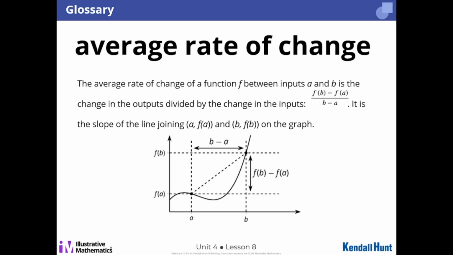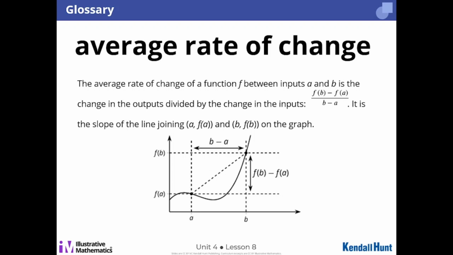Remember, we are talking about the slope, and the slope is the change in y over the change in x. So when you're looking at this f of b minus f of a, what that is really showing you is you're taking the second y and subtracting the first y.